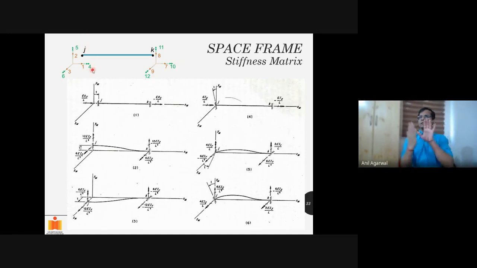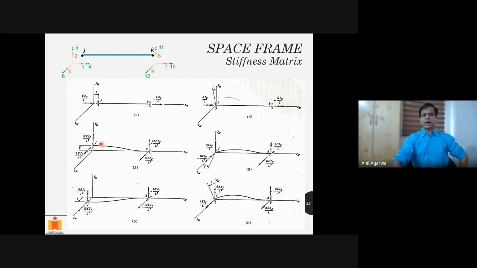So x is always in that direction, and then y and z are parallel to the cross-section directions. If you have an I section, for example, then between y and z, one of them will be parallel to the web, and one will be parallel to the flanges. You can choose whichever you want, but you have to maintain the right-hand thumb rule, or whichever rule you follow. Here, 1, 2, 3, I'm following the right-hand thumb rule.